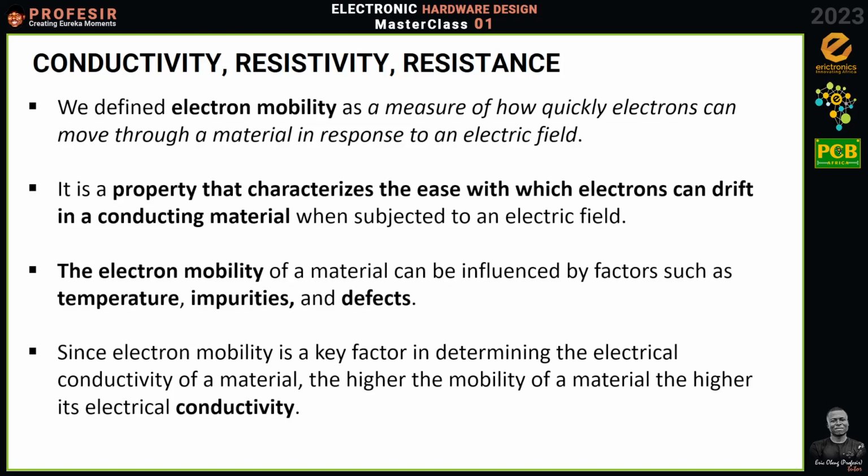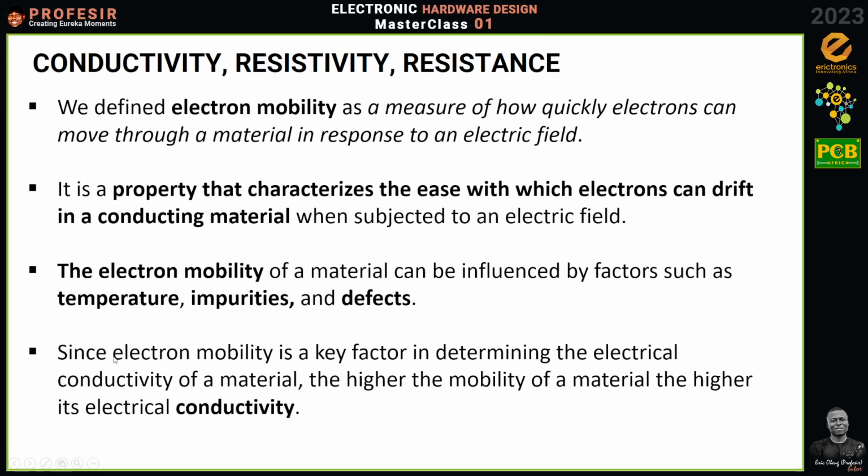Why? If the mobility is higher, it means more electrons will pass per unit time. And more electrons passing per unit time means high current. And high current means good conductivity. So you see how they interplay.